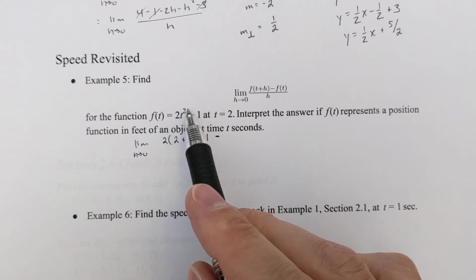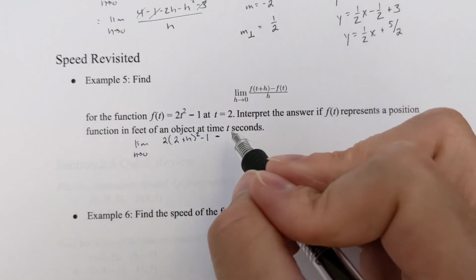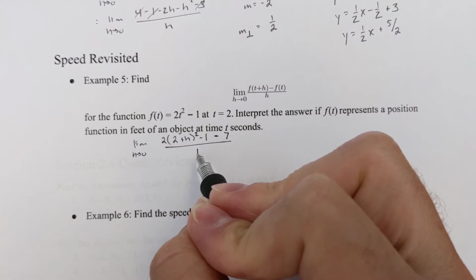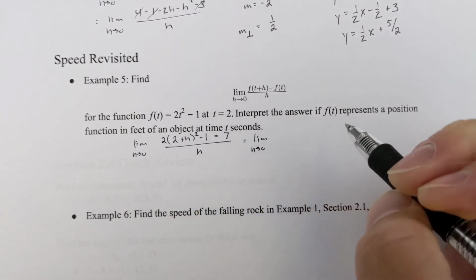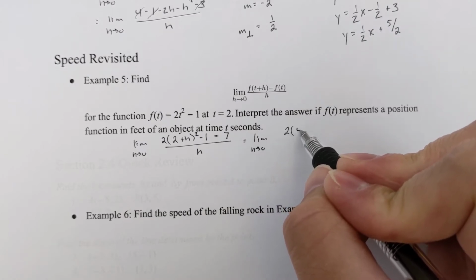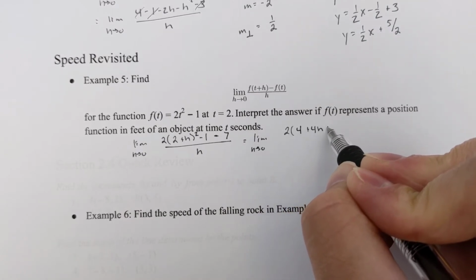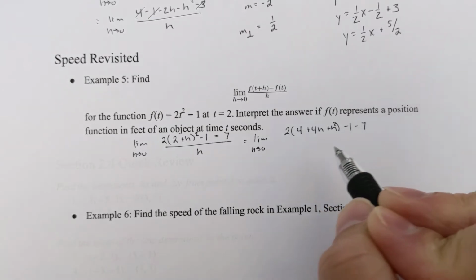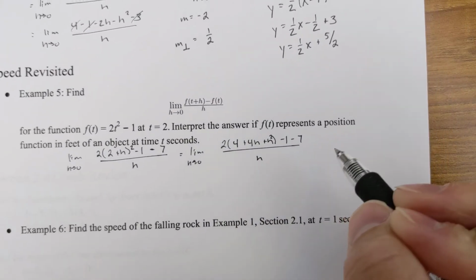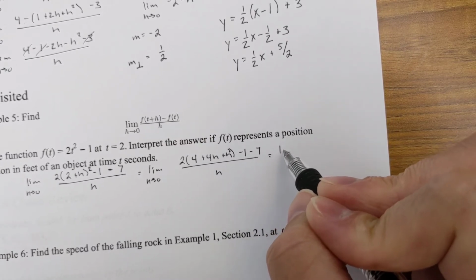So 2 squared is 4. 4 times 2 is 8. Minus 1 is 7. All over h. So this becomes 2 times, do the FOIL, 4 plus 4h plus h squared minus 1 minus 7. Distribute the 2.